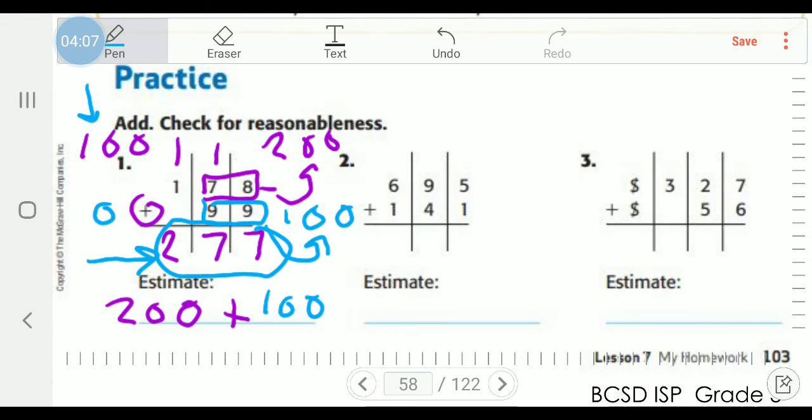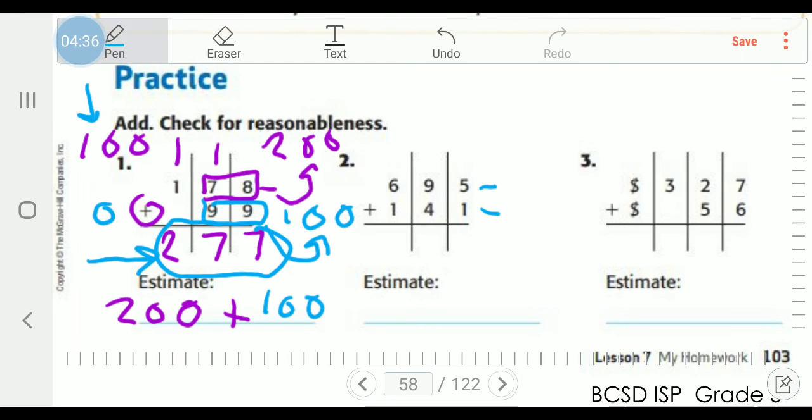Now you guys are going to do 2 and 3 the same way. First, I want you to add everything up. And then after that, I want you to round. And I just rounded to the nearest 100 to find out if my answer was reasonable. So remember, you're going to be rounding 695 to the nearest 100, 141 to the nearest 100, and you're going to be writing those down at the bottom.